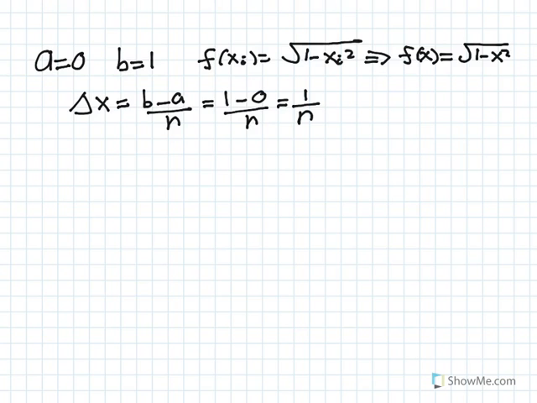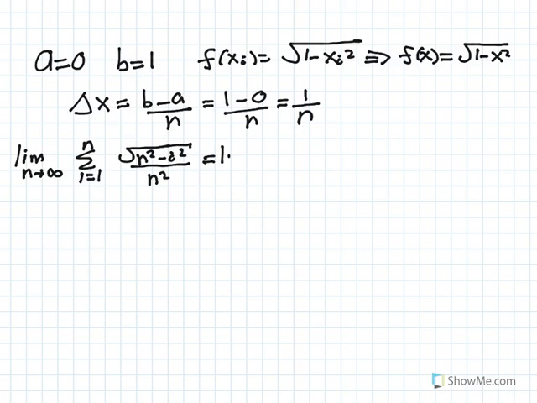So we're now in a position to transform the Riemann sum to an integral. The limit as n goes to infinity. The question we had was i goes from 1 to n, root of n squared minus i squared divided by n squared.